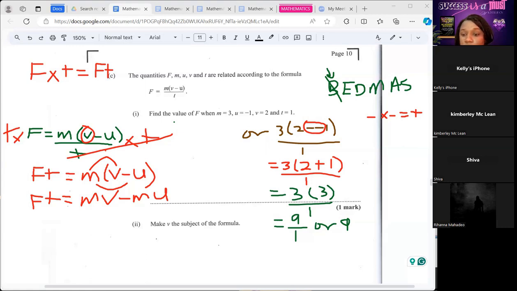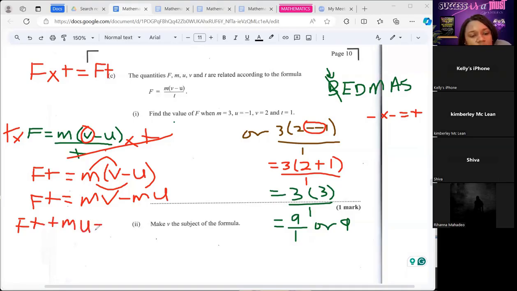Tell me what I'm supposed to do next. Do it like you're teaching me, so I know if you know what to do. You're moving the negative MU. Correct. So you add it on both sides because it has a subtraction sign in front of it. To move the MU, you do the opposite of the subtraction sign.